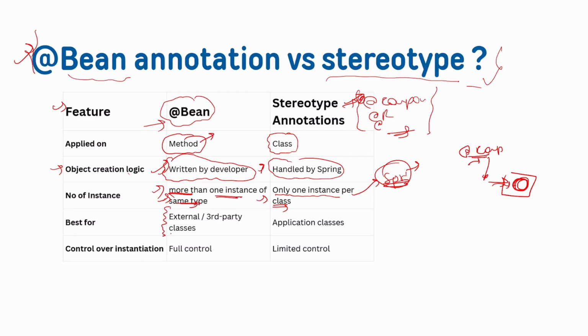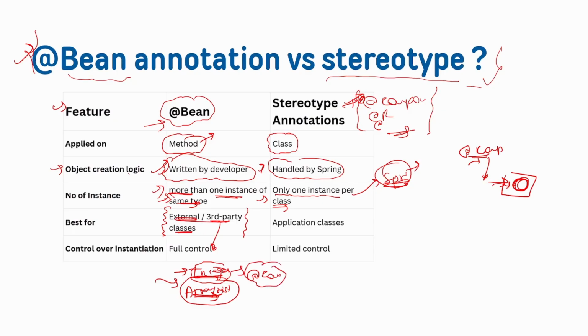Now, bean is best for external libraries, external classes, or third-party classes. For example, if we are using the Integer class or ArrayList, ArrayList is a class that we haven't defined in our project, but it is provided by someone else. So how can we go to that class and add our stereotype annotation?